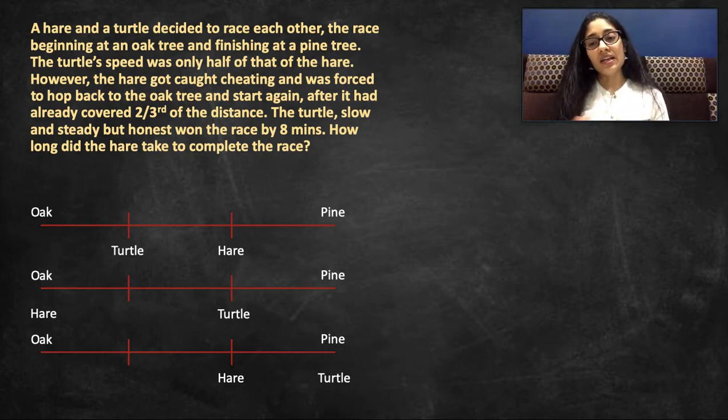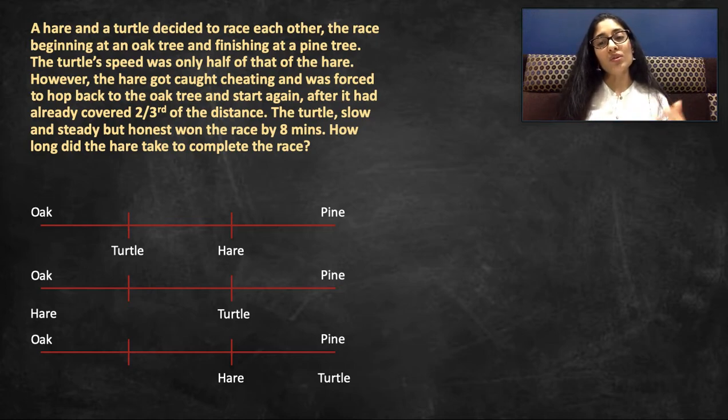So finally, when the turtle reaches the pine tree, covering the remaining one-third of the distance, as the hare's speed is double, the hare will cover two-thirds of the distance in that much time. So this will be the final position of the hare and turtle when the turtle completes the race. I hope this is clear.